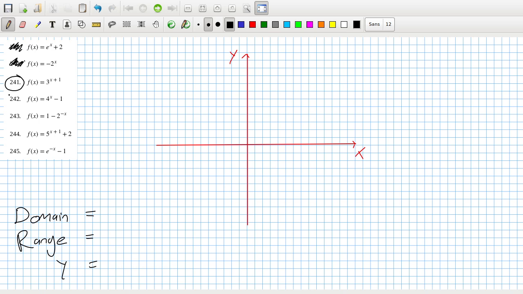241. When x is 0, I get 3 squared, which is 9. Roughly there. Although maybe I should just put it here, call that 9, go up in 3s.